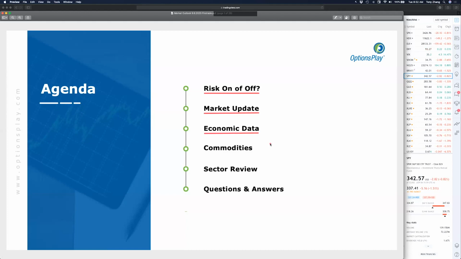We'll take a look at some of the economic data that we got on Friday and how that influences how the market is viewing both monetary and fiscal policy. We are starting to see some moves here in the commodity markets that do have some reflections on the sectors. And then we'll take a look at the broader sector review. We haven't taken a look at the sectors in a while, so we're going to take a look at all the sectors. And then if we have a few minutes at the end, we'll open this up for Q&A.